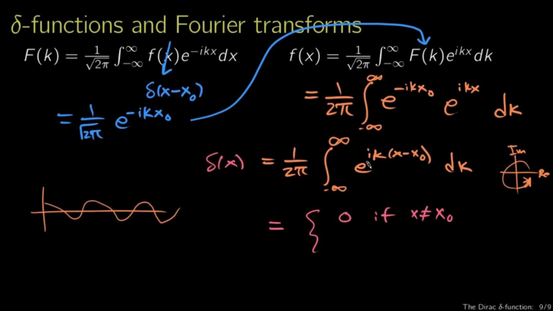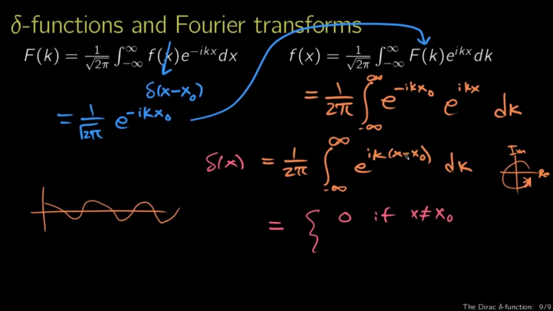If x is not equal to x naught, we have this oscillating integrand, and we're saying that if the upper limit goes to positive infinity and the lower limit of the integral goes to negative infinity, we end up with 0. That feels a little fishy, but if we make that definition, we get something back that resembles the delta function.